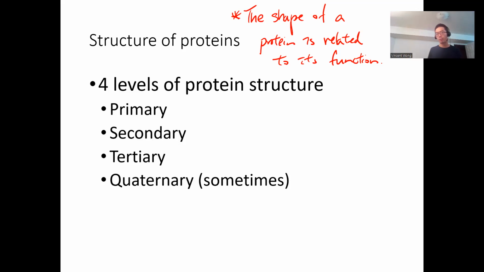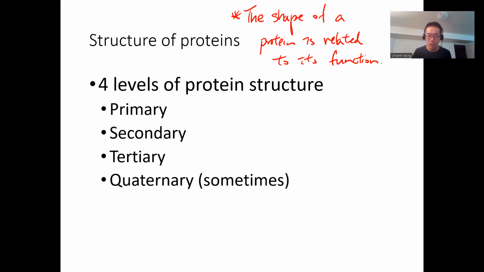And that's exactly what happens. We need the protein to have a particular shape. If you change the shape, and it could happen, then it loses its function or it alters its function. Right, so now we're going to spend the next couple of slides looking at how the protein folds up to create its shape.